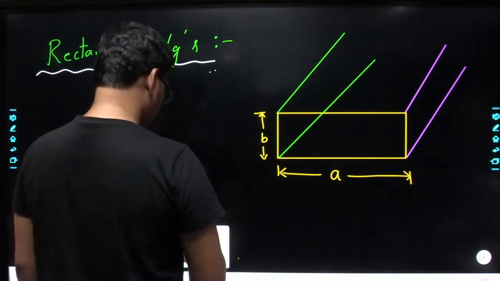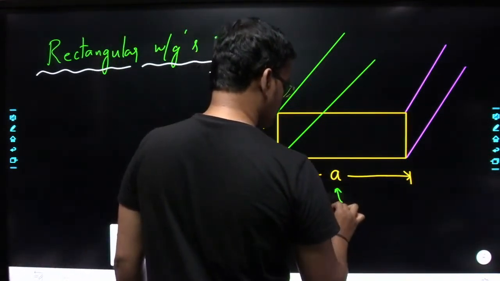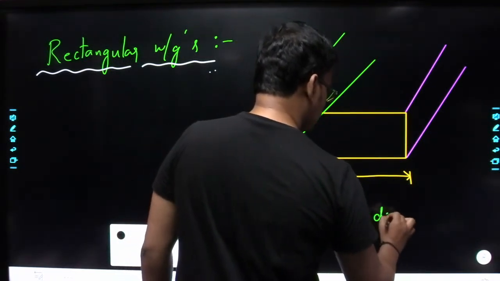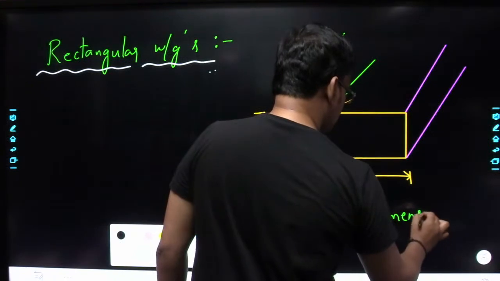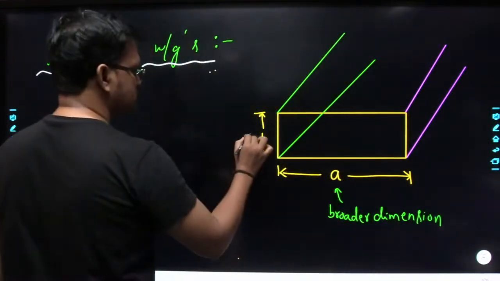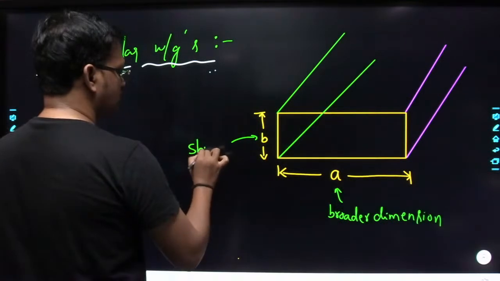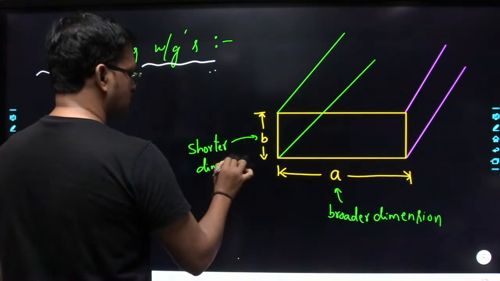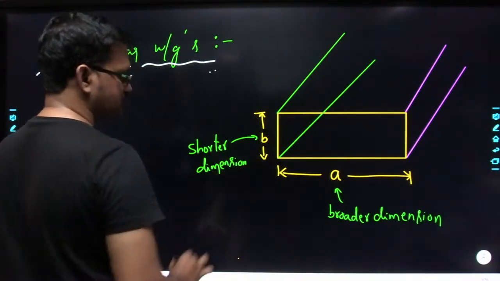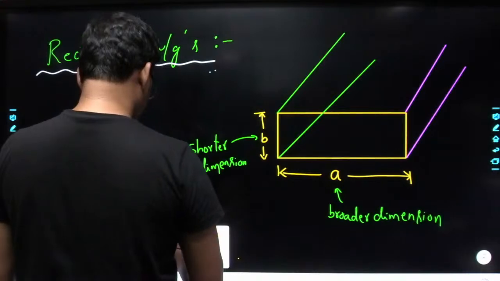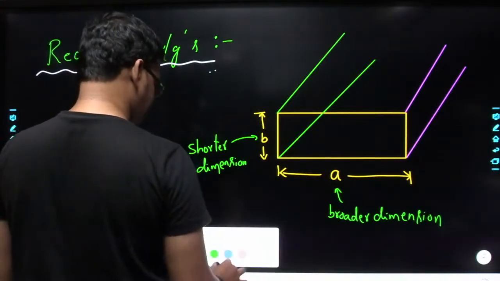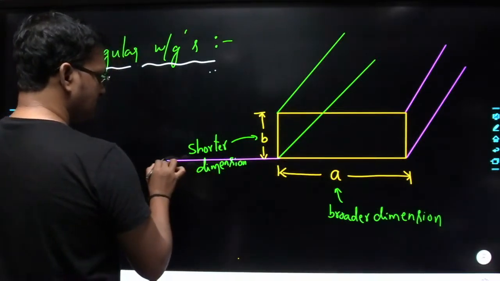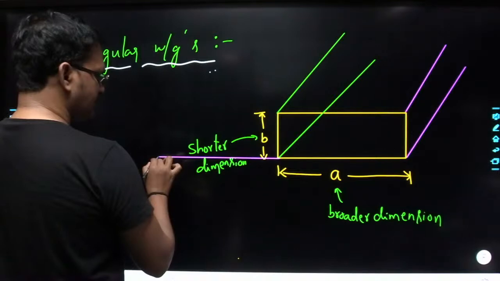I am calling this a as the broader dimension, and this b is nothing but the shorter dimension of the waveguide.